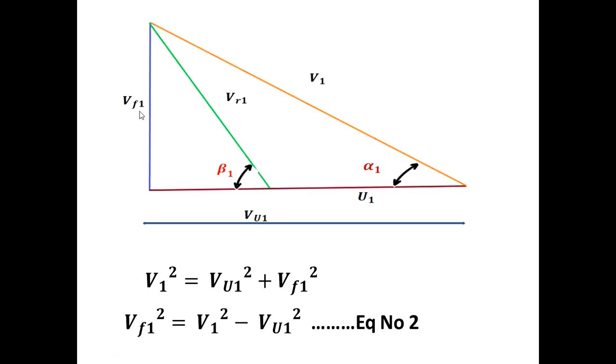Here you take VF1 directly. So V1 square is equal to VU1 square plus VF1 square, but VF1 square you can write as V1 square minus VU1 square.